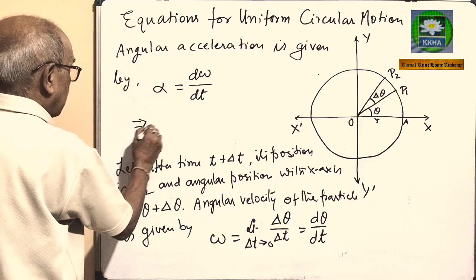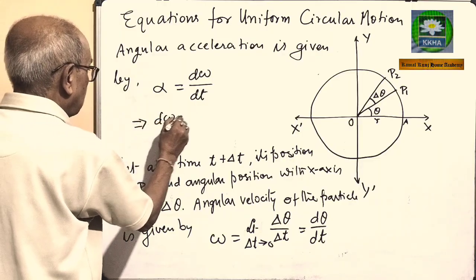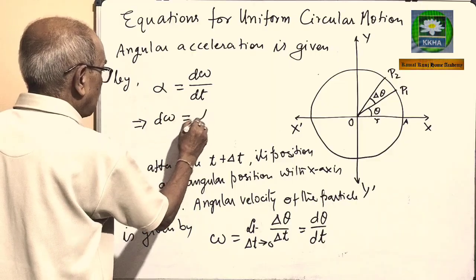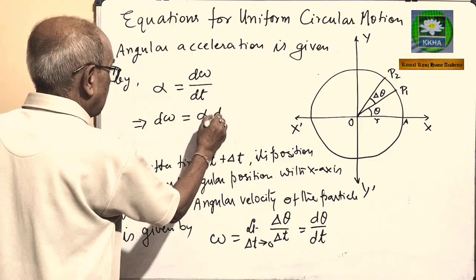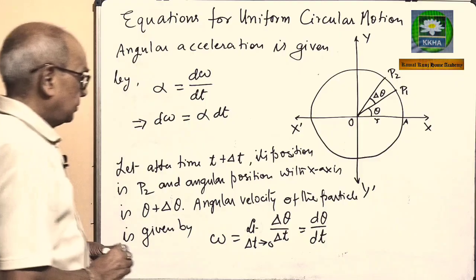This implies that d omega is equal to alpha dt.